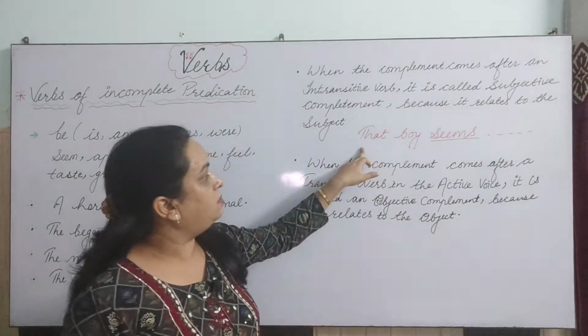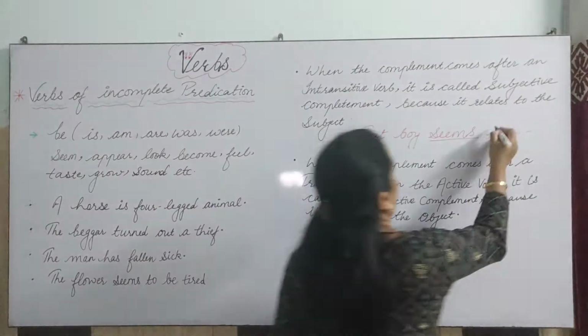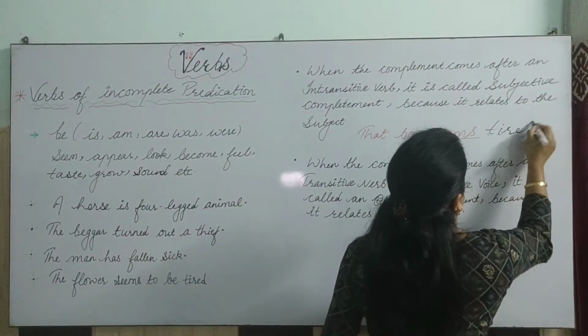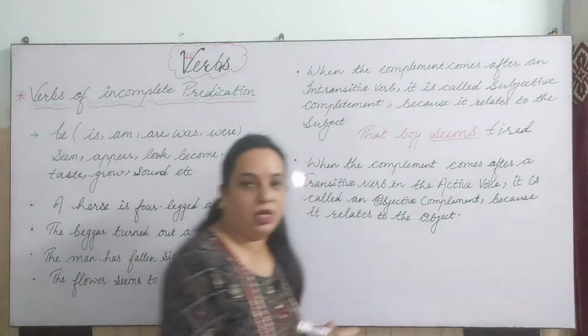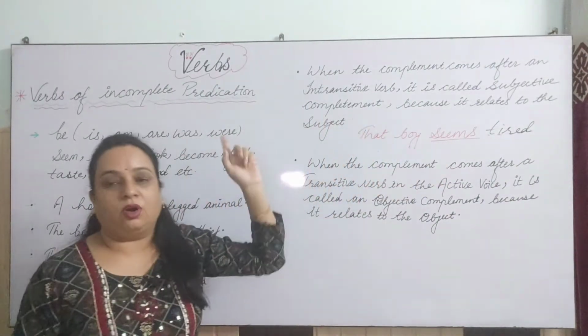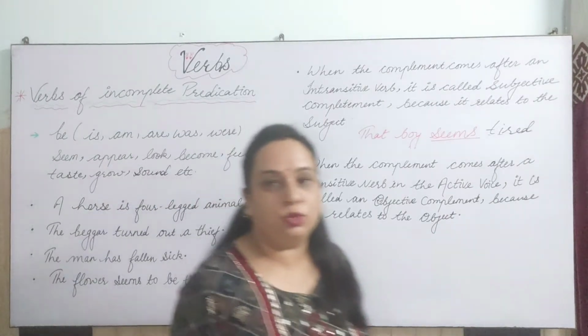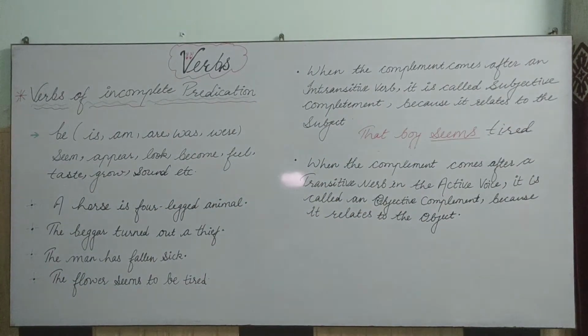If I say "that boy seems tired", this "tired" works as the complement. This verb is known as a verb of incomplete predication. This is what we are going to do today in our video.